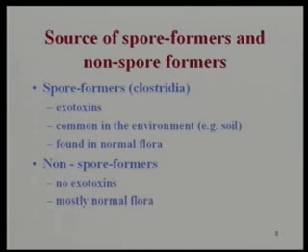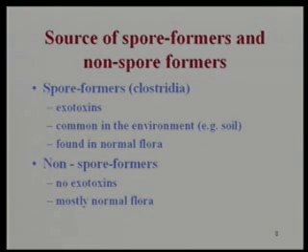So, sources of spore formers or non-spore formers. As I've said already, the spore formers are the Clostridia. They're the only organisms we talk about clinically as relates to anaerobic spore formers, the Clostridia.